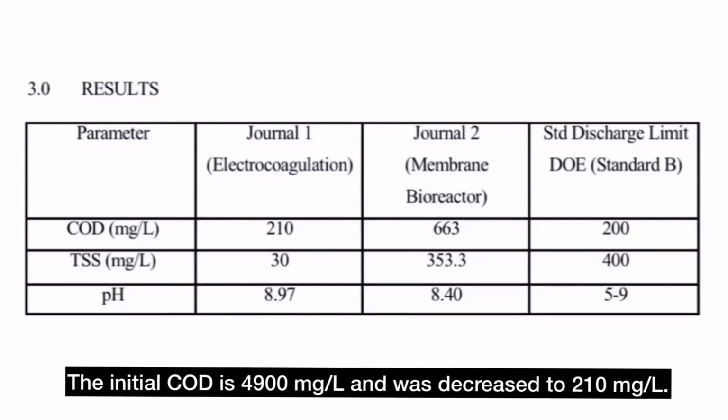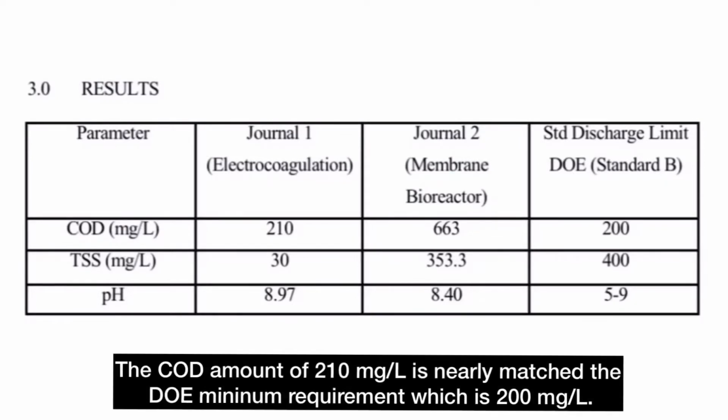The initial COD is 4,900 milligram per liter and was decreased to 210 milligram per liter. The COD amount of 210 milligram per liter nearly matches the DOE minimum requirement, which is 200 milligram per liter.